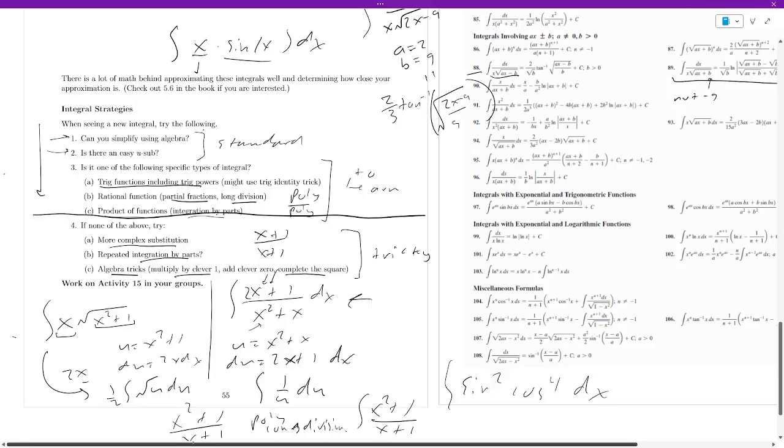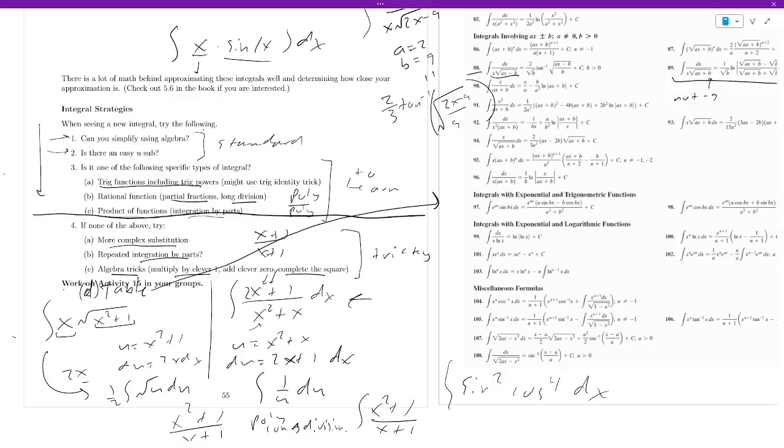I could add look at the table to this list, maybe as a part D right here. Look at the table, because if your integral's tricky enough that none of this has worked so far, then almost certainly it's going to take some weird thing that someone's already figured out, and you can look at the table.